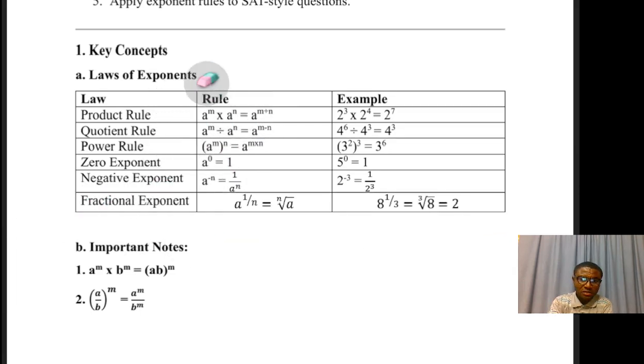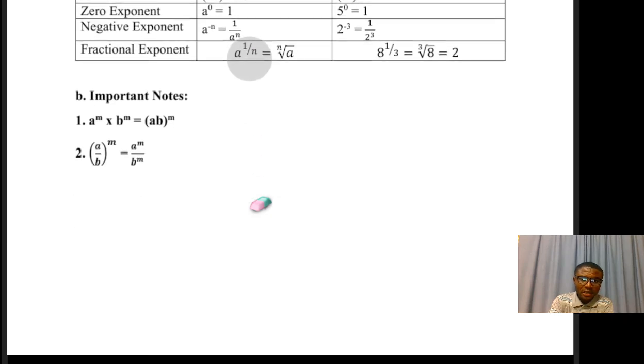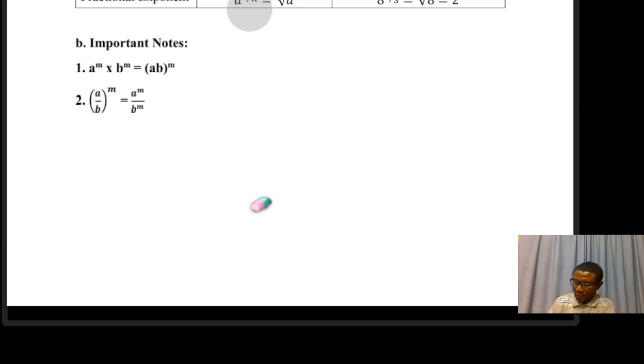Here is the summary of all the rules as far as the SAT exam is concerned. Now, first of all, what is an exponent? Exponent simply means powers. You are raising a number to the power of another number.